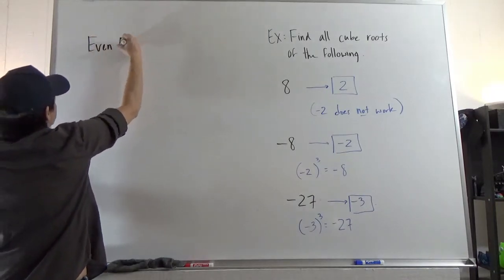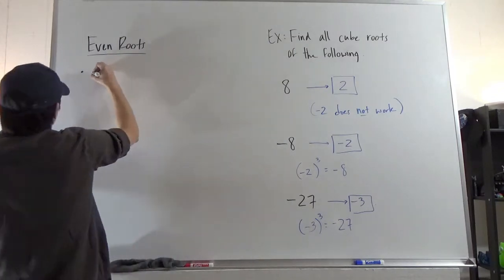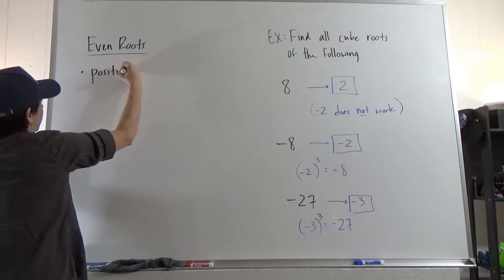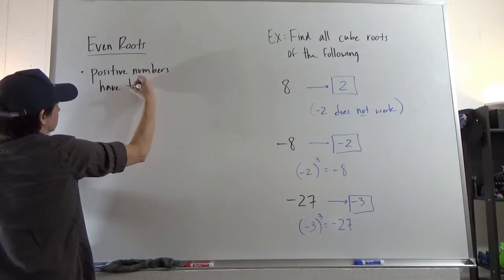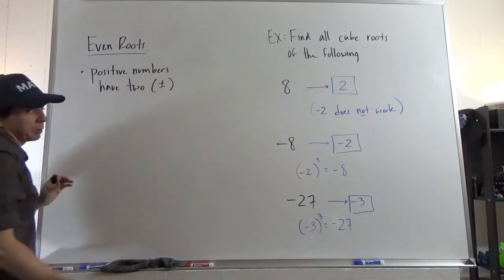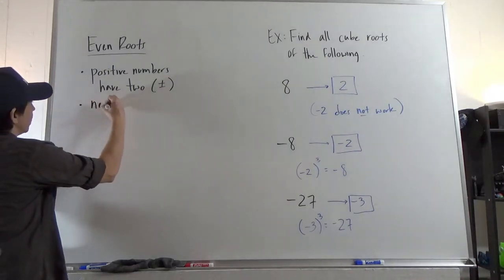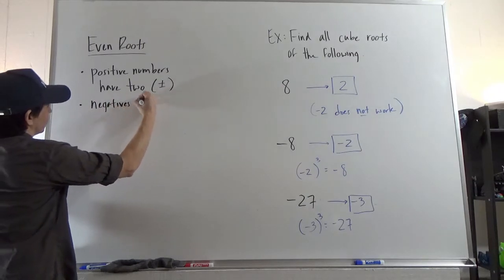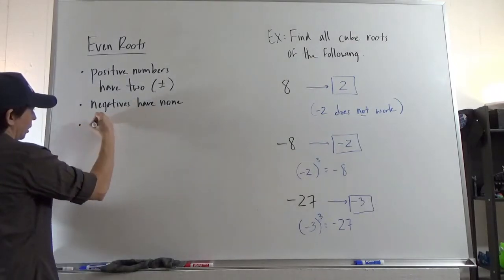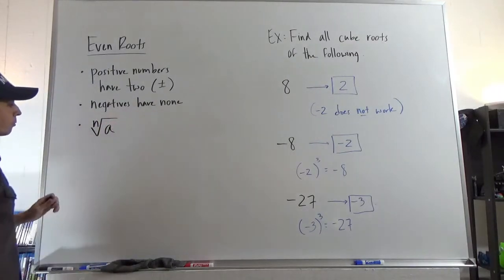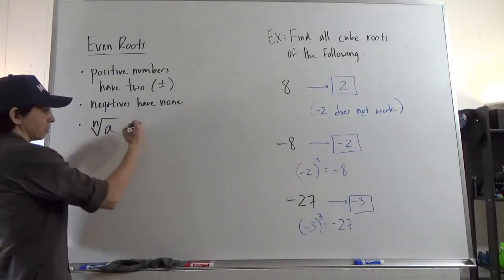Let's summarize some things we've learned about even roots, and then we'll do some odd roots. For even roots, positive numbers have 2. They're going to be the plus or minus, like the plus or minus 2 for our fourth roots of 16. Negatives have none. And when you see that radical symbol with an n in there and it's an even number, this symbol represents only the positive root.